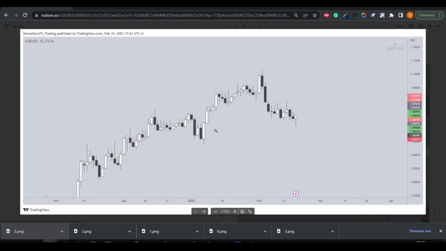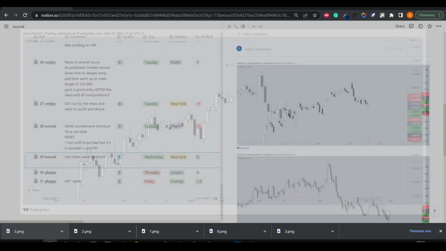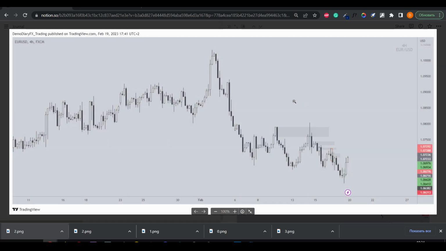On the daily we had this bullish structure that started to shift bearish on lower time frames, and that had some zones to hit even deeper, and the entry was somewhere here on the bearish side. The zone for this entry was a 4-hour shift, a really clear zone.